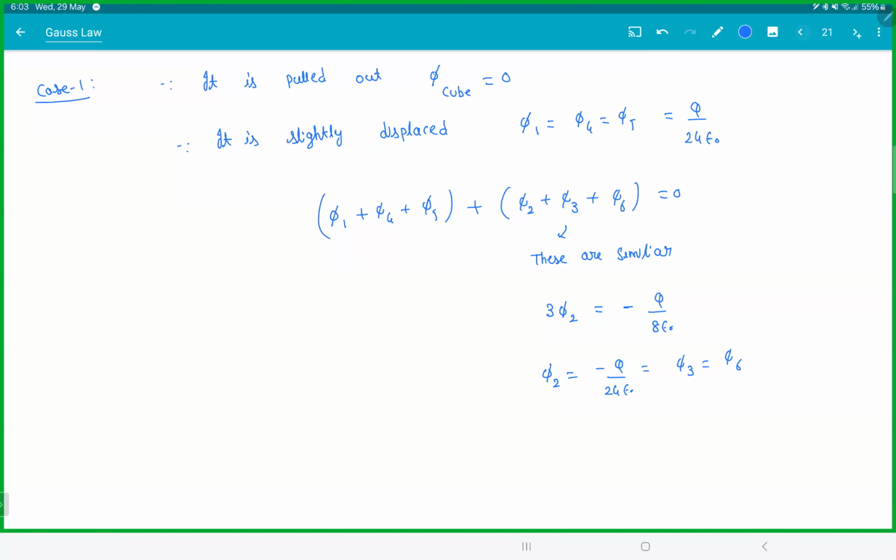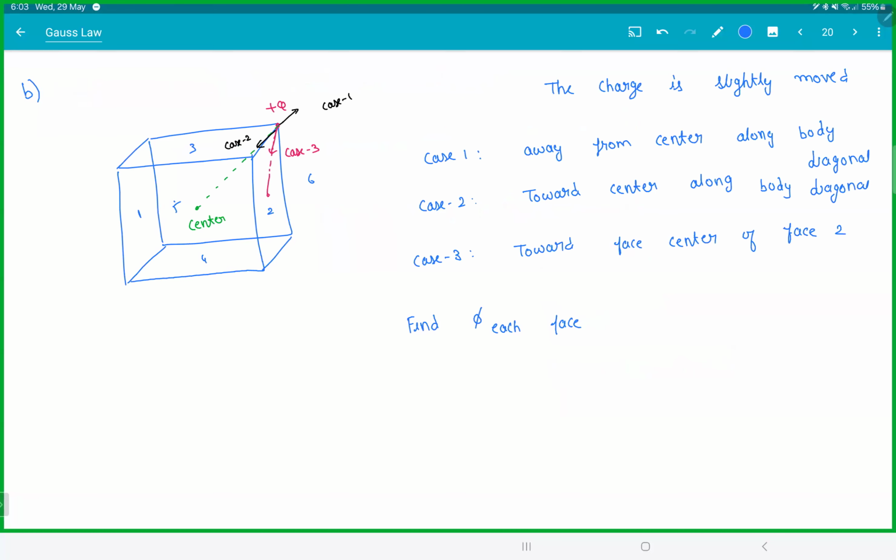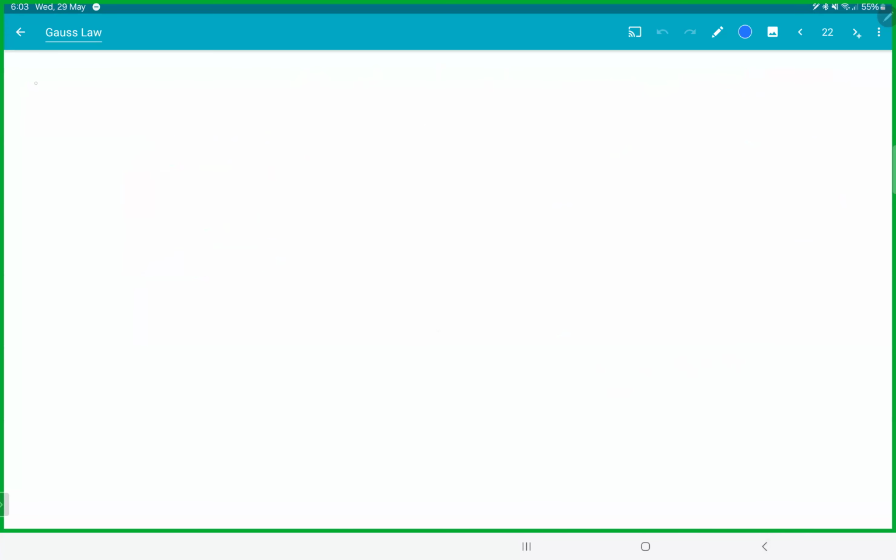Now, what about the second case? See, in case 2, again, the idea would be same.